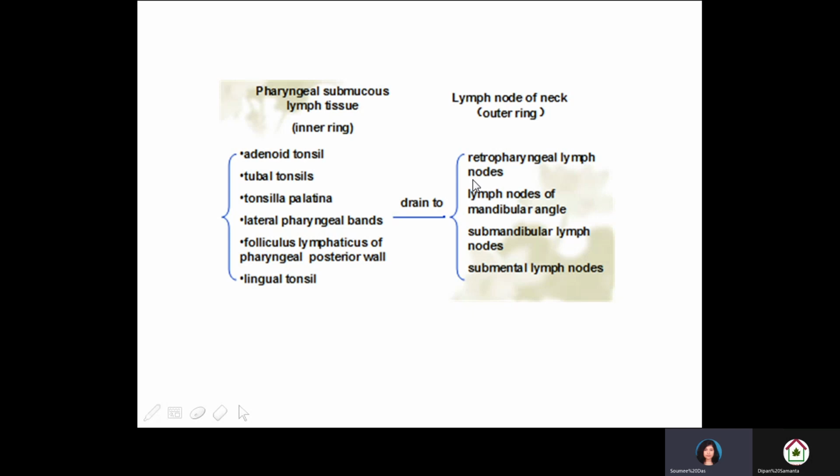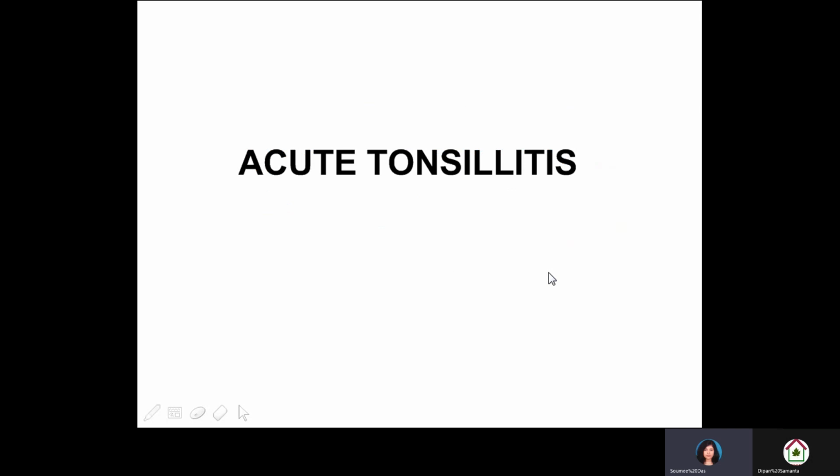These group of lymph nodes include retropharyngeal lymph nodes, lymph nodes of the mandibular angle, submandibular lymph nodes and submental lymph nodes.